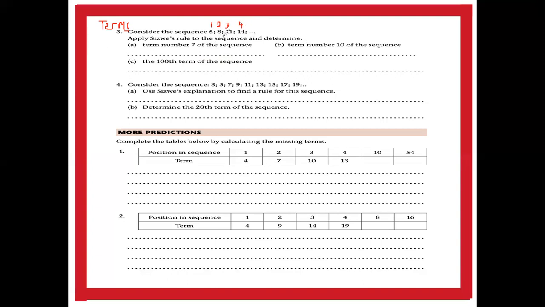The difference between 5 and 8 is 3. The difference between 8 and 11 is 3. And the difference between 11 and 14 is 3. You can do that by drawing it out if you have enough space, just so it's really clear: 3, 3, 3. I'm just going to erase that because it's taking up a bit much space.